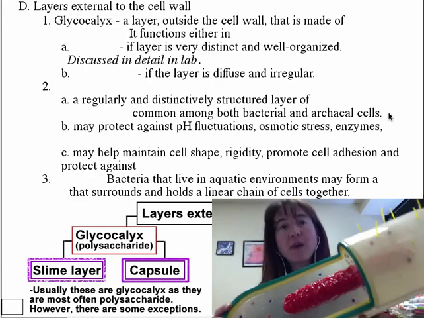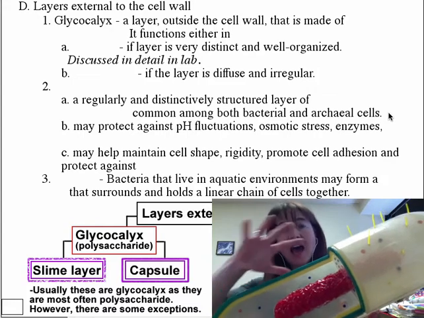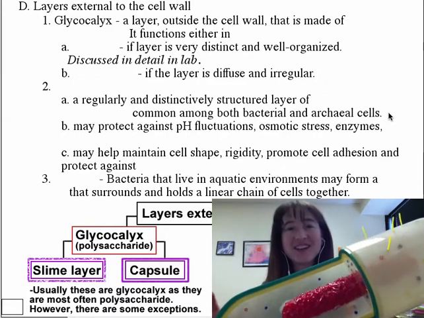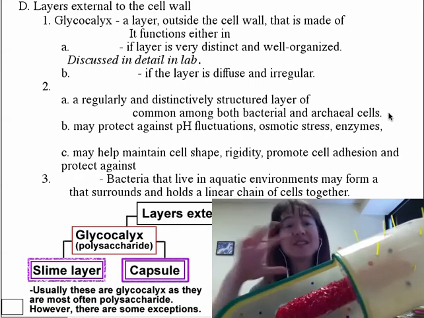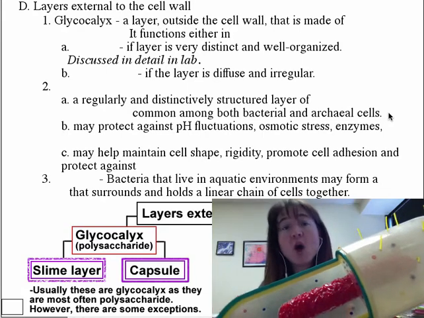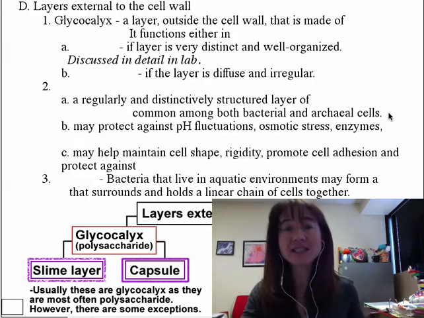But I want to talk now about structures external to that. Some bacterial cells have another layer around them. In fact, we could say that they wear a jacket, a coat, another protective layer. And these outer layers can take a couple of different forms. One of the most famous is called the glycocalyx.